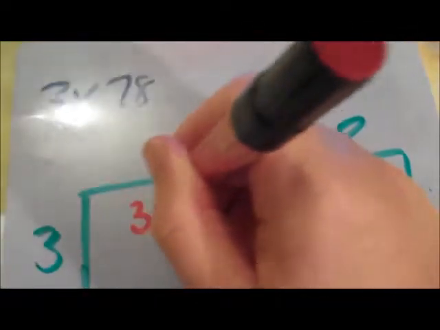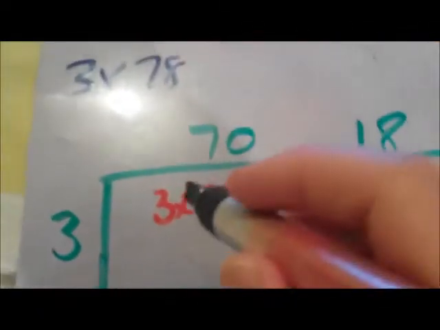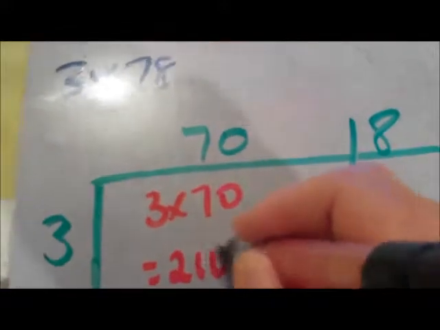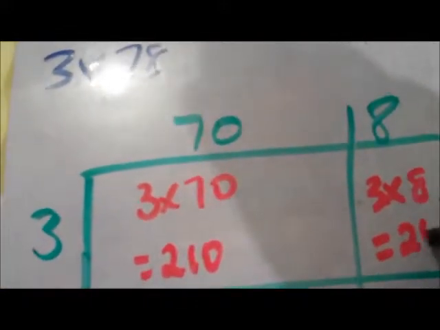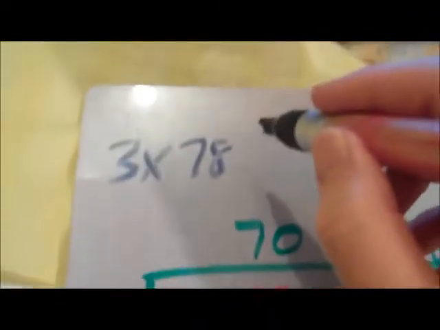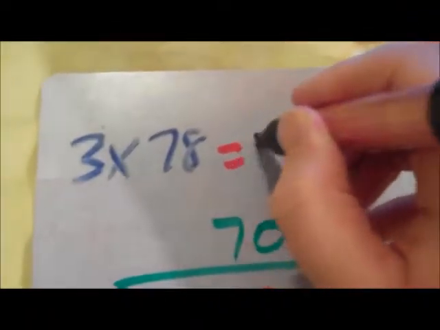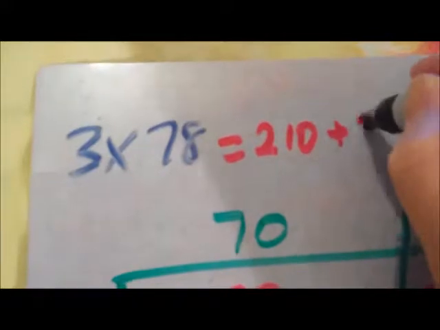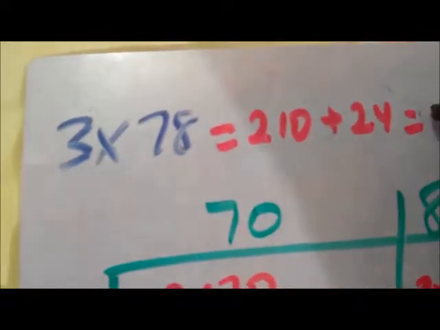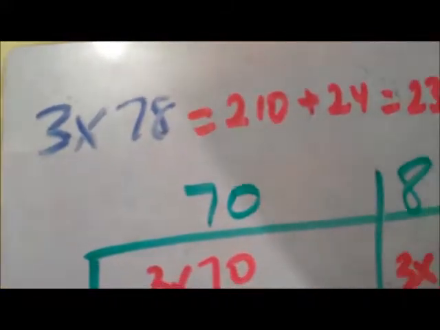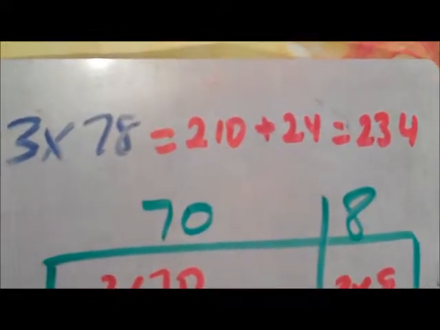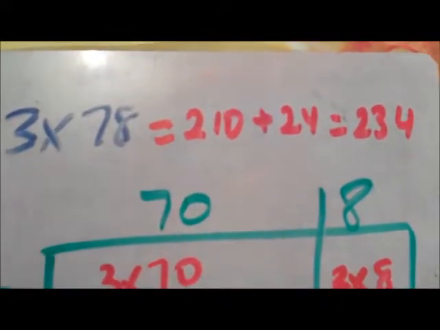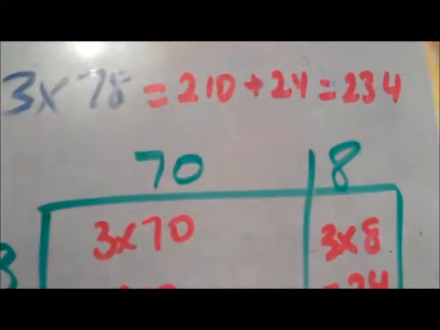So here's my 3 lots of 70, which is 210, and here's my 3 lots of 8, which is 24. So I know that 3 lots of 78 is 210 plus 24, which is 234. Much easier than trying to do vertical multiplication and carrying and so on. That's the sort of thing you could almost do in your head.